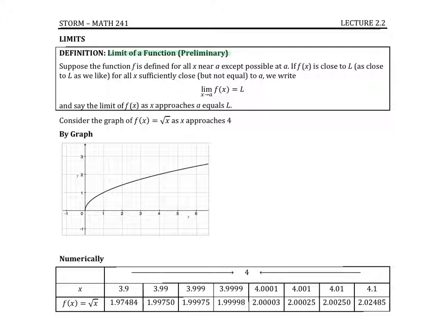So if you were to read this preliminary definition, it's a bit confusing. So suppose the function f is defined for all x near a except possibly at a.